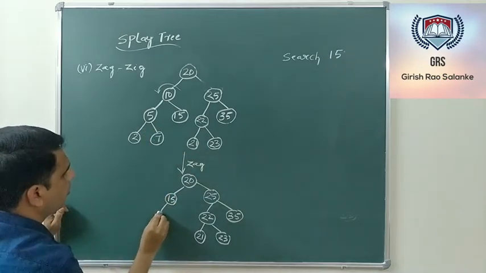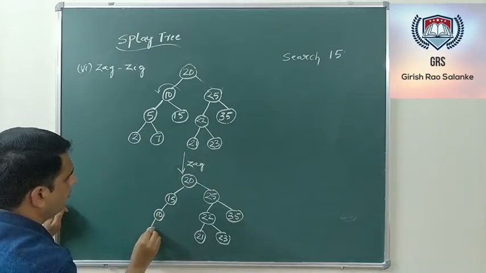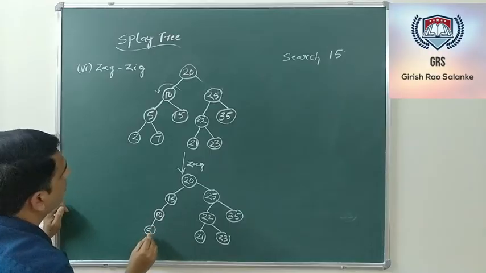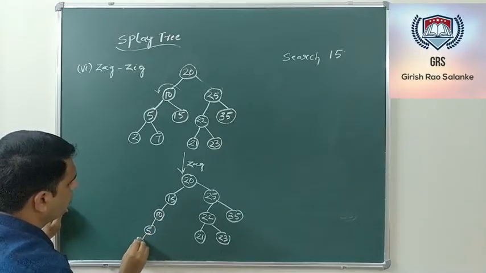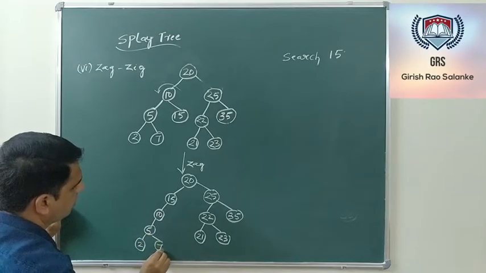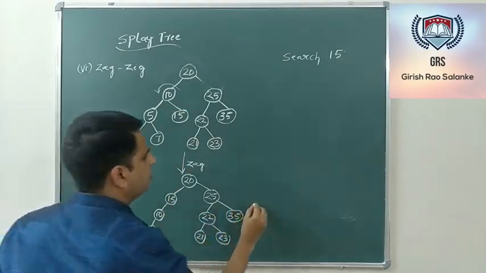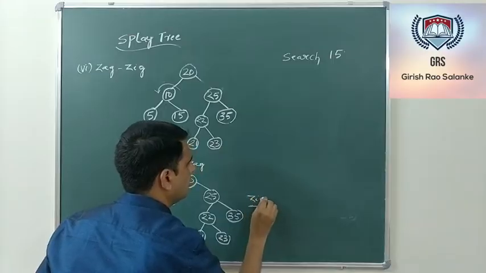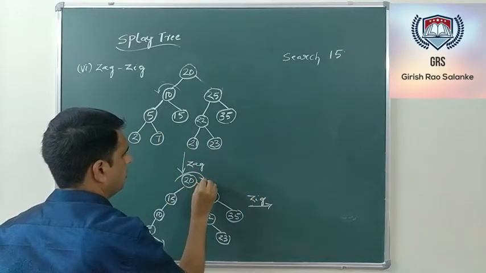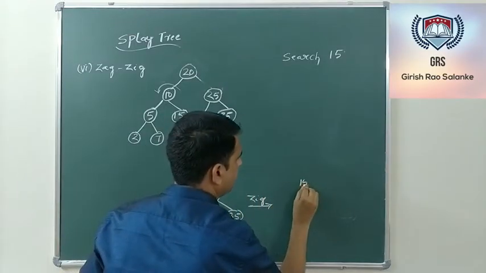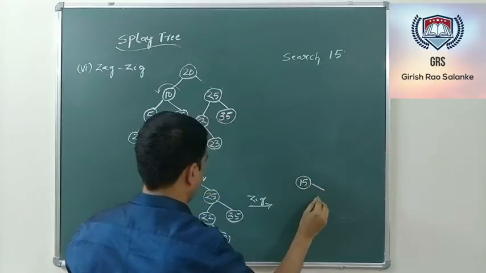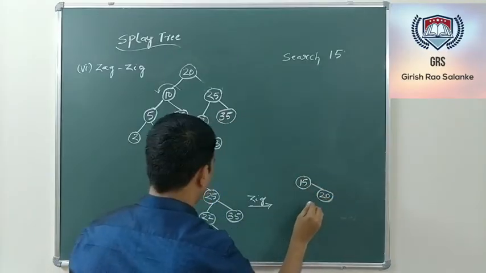Now 10, 5, 2, 7. Now what you are supposed to do, once you perform a zag, is perform a zig rotation, that is the right rotation. 15 became the parent, and 20 the right child.